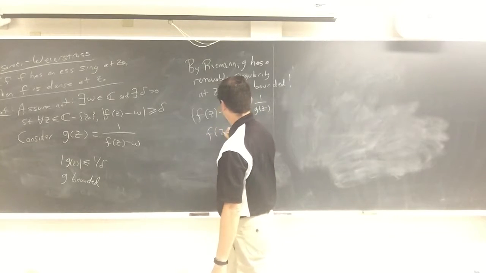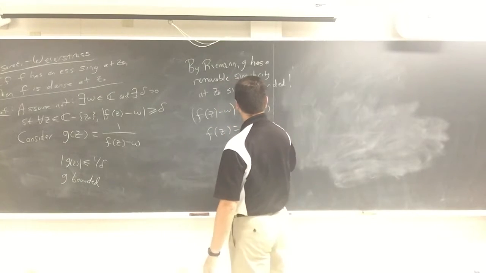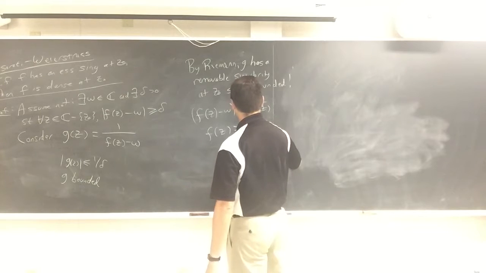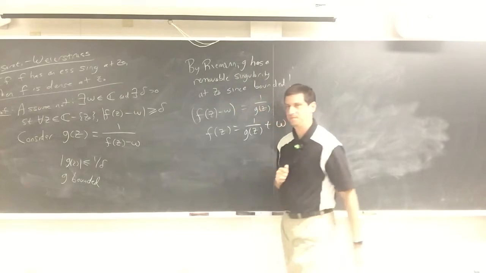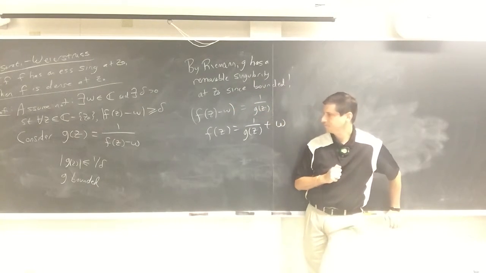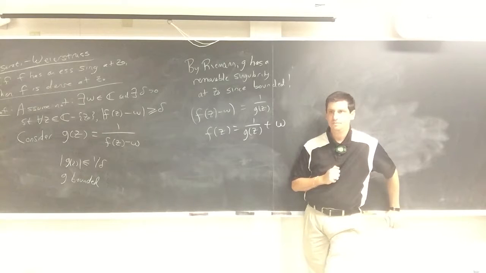So f of z would equal 1 over g of z, plus w. Did the algebra wrong. Can we do this? Am I allowed to do this?